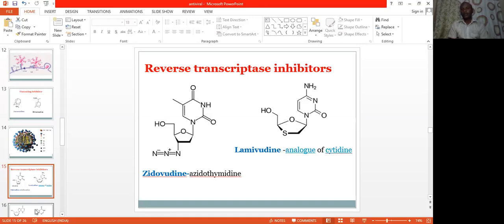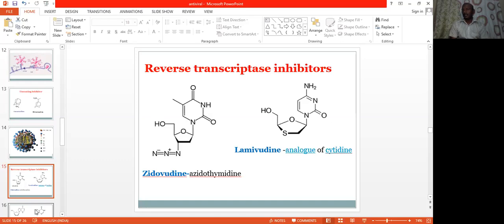Normally, from DNA we get RNA. That is the normal process. But here the opposite happens. That's why we call it reverse transcriptase. Transcription means synthesis of RNA from DNA. In reverse transcription, from RNA, DNA will be synthesized.